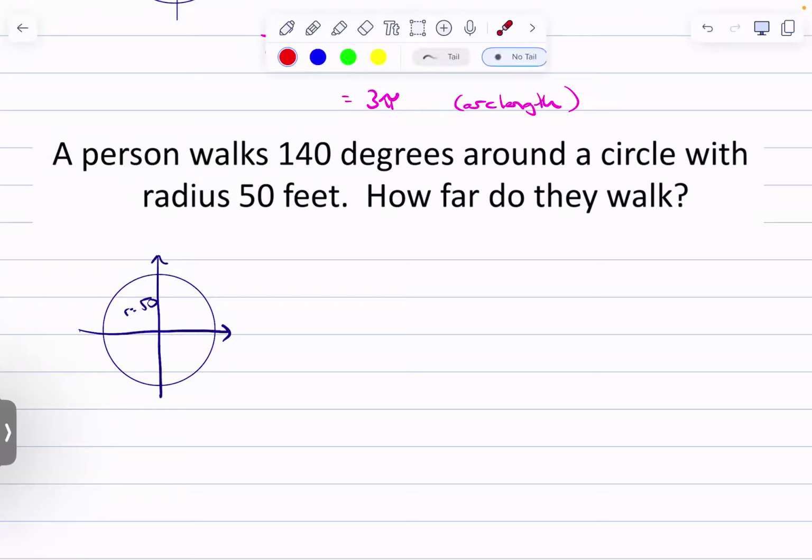So it's somewhere past 90, but not hitting 180. It'll be just past the halfway mark. But we'll show that by saying this is 140 degrees.